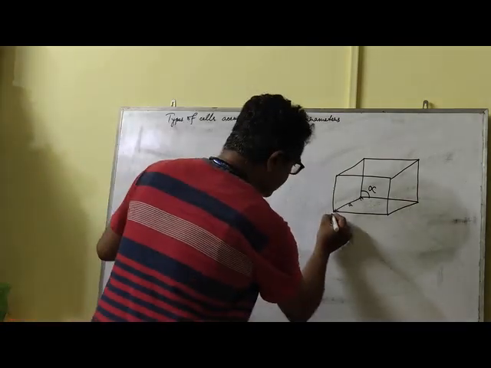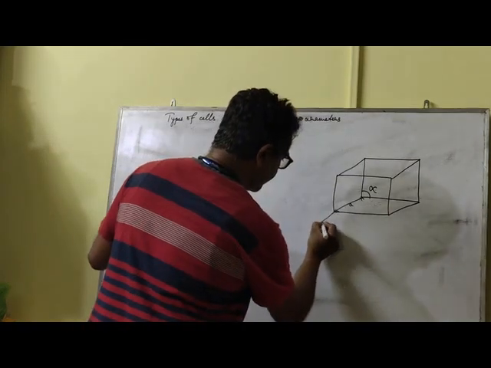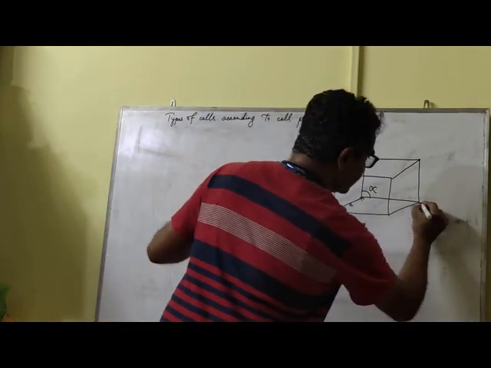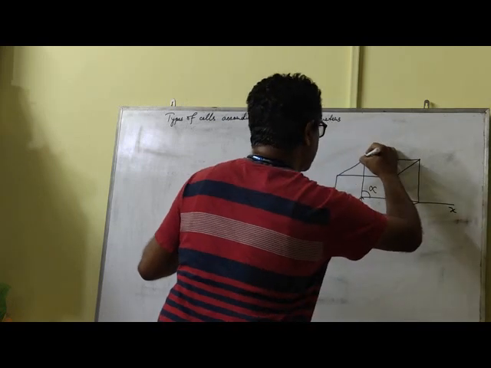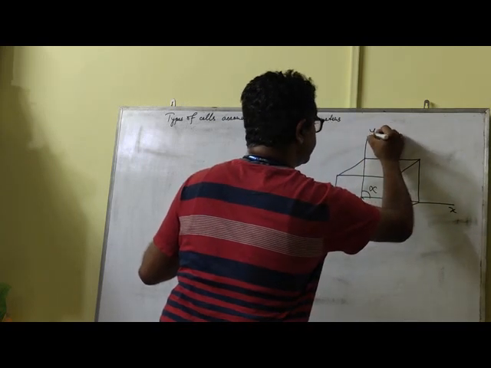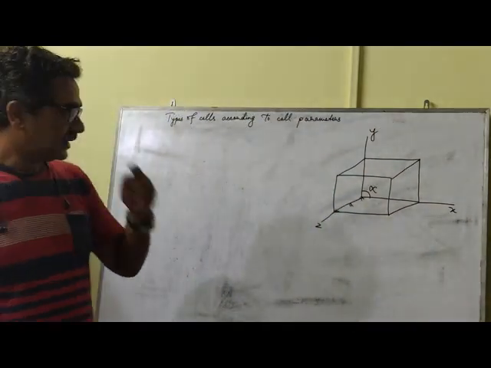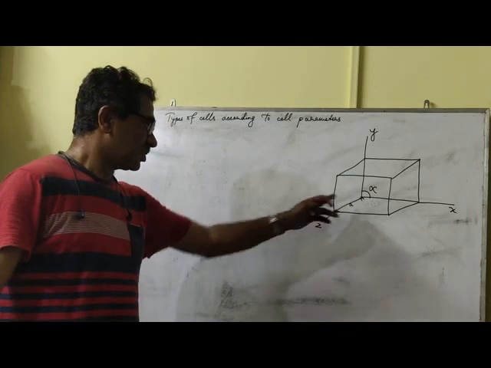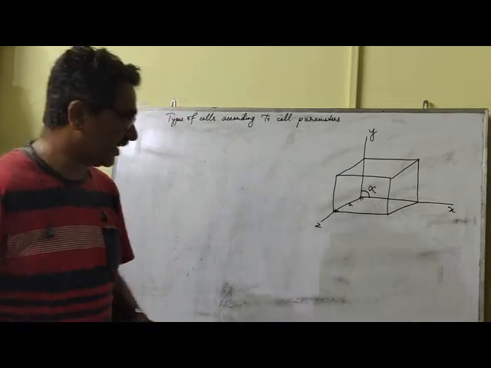If you think of it graphically, this is basically the z-axis, this is the x-axis, this is the y-axis. What we are trying to draw out here is a figure in 3 dimensions. So here I have taken the distance to be A and the angle opposite to it to be alpha.